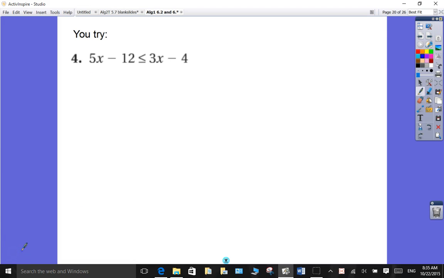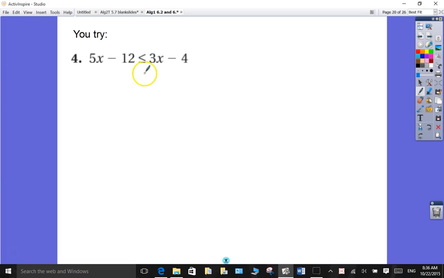So what did you do as the first step? Ariana? Plus 12? What's the recommended first step, Portia? Subtract the smaller variable term, right? Get it to the other side. You could still do the plus 12 as long as you do everything else correctly. You'll be right, okay?